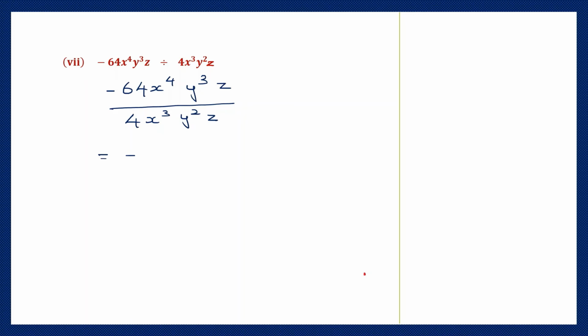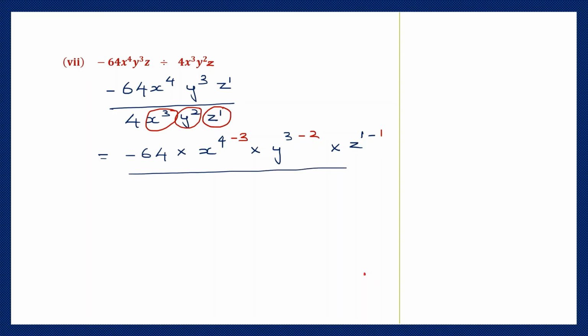So that becomes minus 64 into x to the power of 4 minus 3 into y to the power of 3, now here I have 2, so that's minus 2 into z to the power of 1 minus 1. So in the denominator now I only have 4 because I've removed x, y and z.